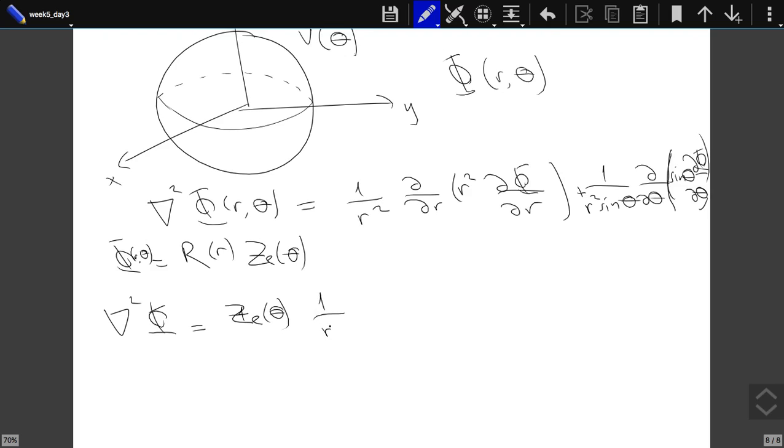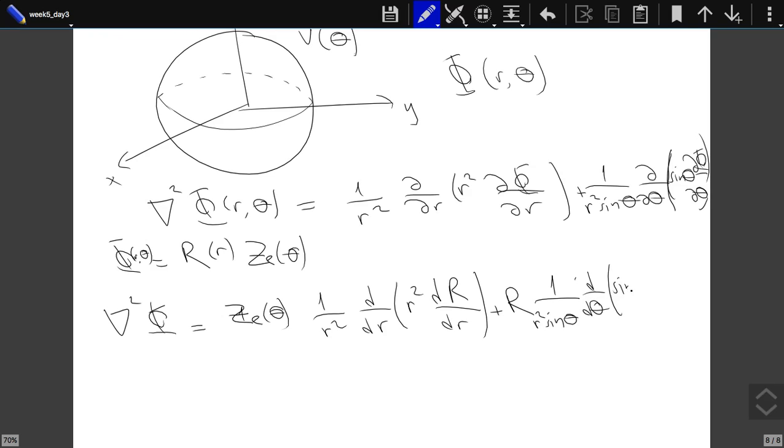What remains is 1 over R squared d by dr, R squared dR by dr. Plus, in the second term, the derivatives only act on ZE. They don't act on capital R, so I can take it out. 1 over R squared sine theta d by d theta, sine theta d by d theta acting on ZE.